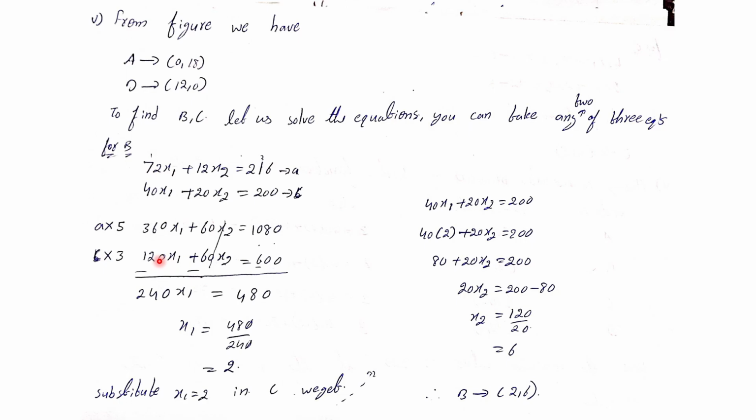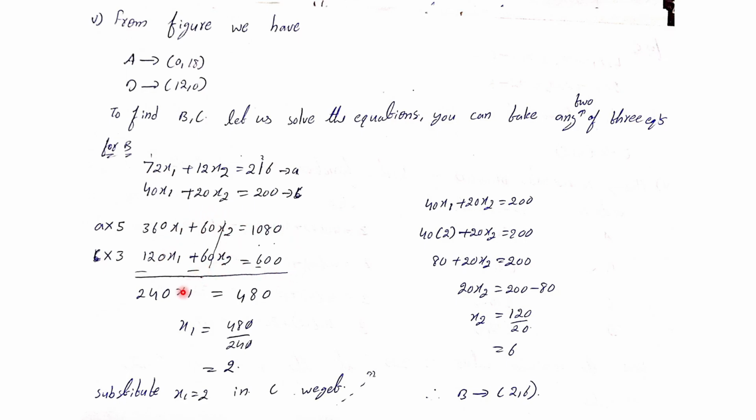Here I make the coefficients of x2 equal. For that I multiplied A by 5, and C by 3. Then it becomes 360x1 plus 60x2 equals 1080, and the C equation becomes 120x1 plus 60x2 equals 600. Now subtract the two equations.